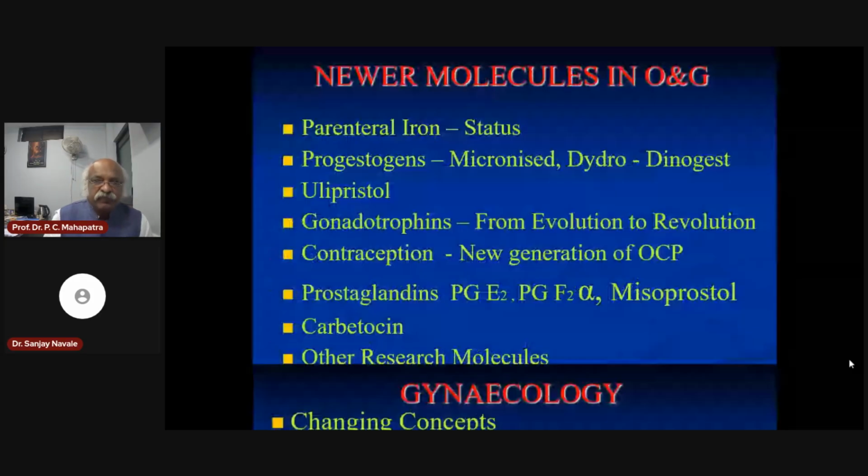And then the progestogens. One of the controversial areas, it's not a new molecule in gynecology, but it has been propagated, and progestogens have become a unique thing in pregnancy. Micronized progesterone and dydrogesterone. There has been a lot of upsurge of dydrogesterone in the last 1 or 2 years.